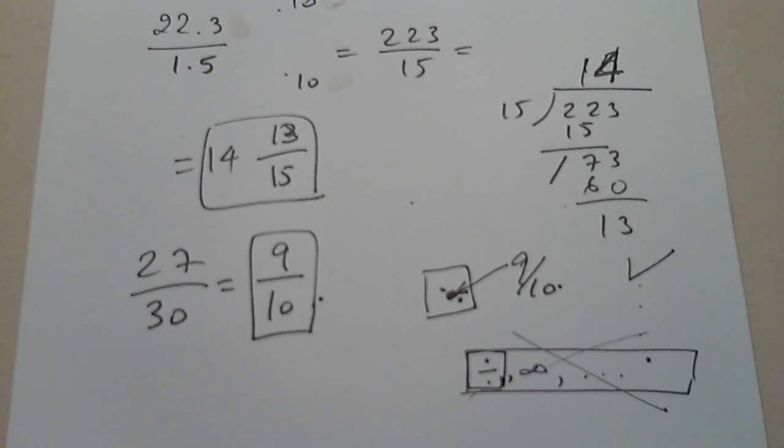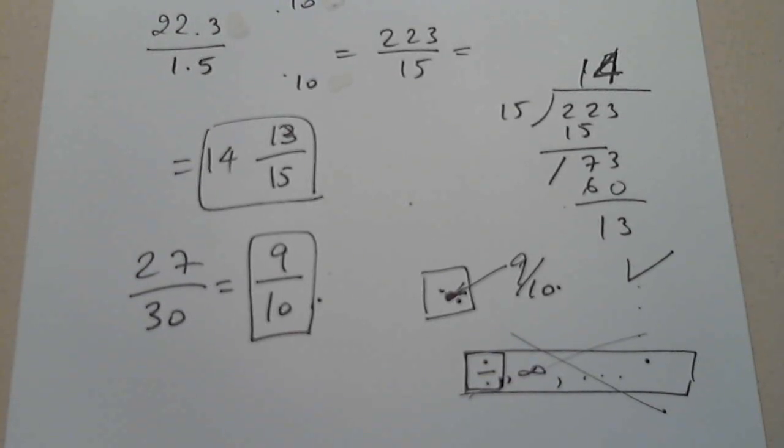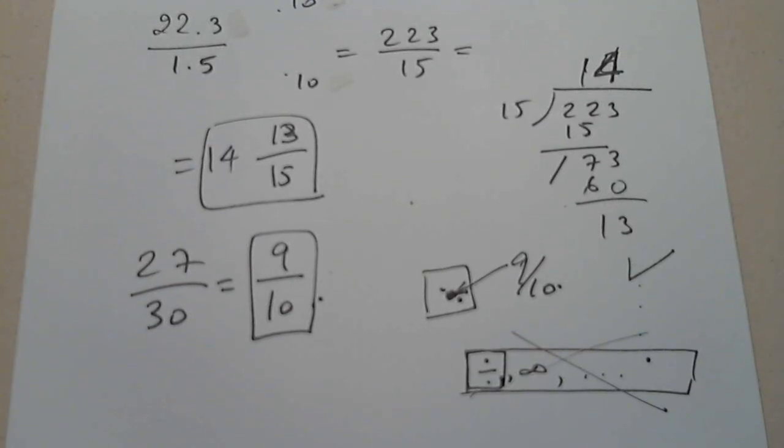Is this an integer? Is 1 and 5/8 an integer? I think it's a rational number. It's a rational number. It's not an integer. Correct. What about the next one?